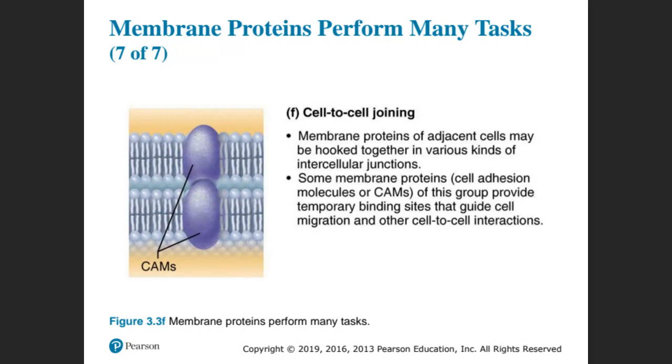These can be a really tight connection, or tight junction, or they could be a little bit more loose. I will say this as a preview to the cellular junction stuff too. Sometimes there are proteins that have just a big channel, and that allows material to move from the ICF of one cell through these gap junctions into the cytosol of another cell to allow communication in that way.